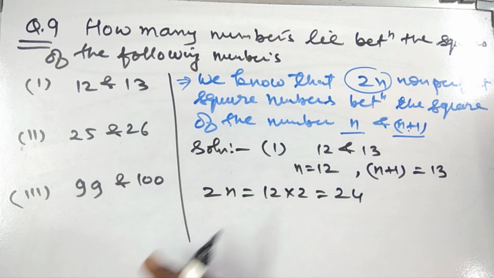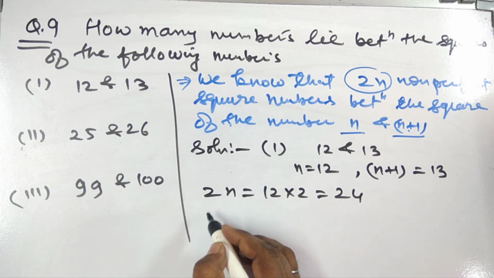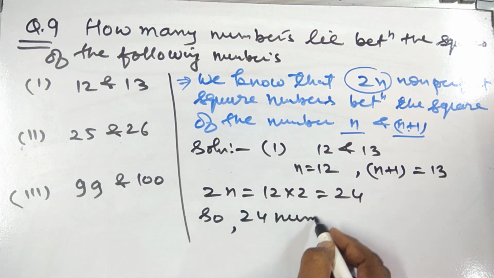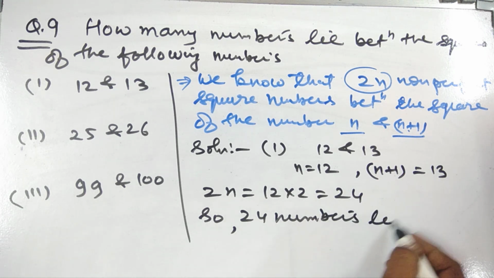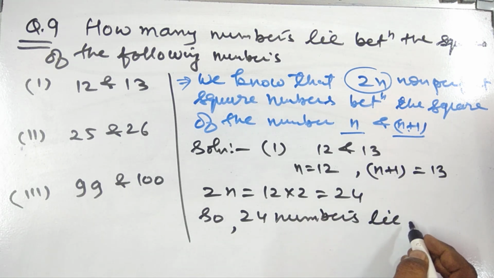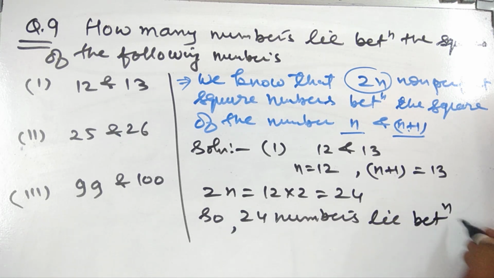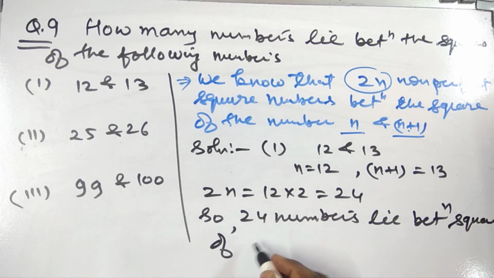So students, 24 numbers lie between the squares of 12 and 13. Students, this is the first one.